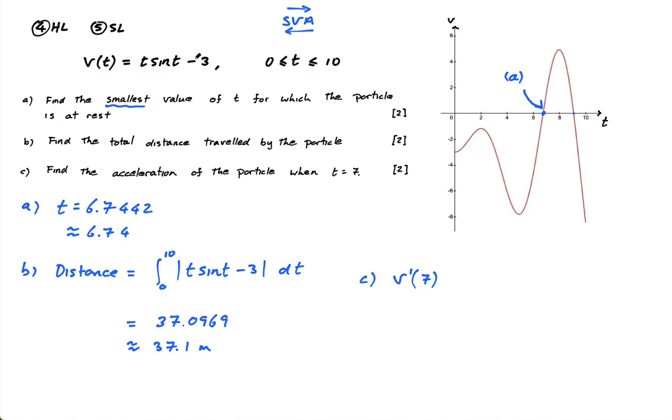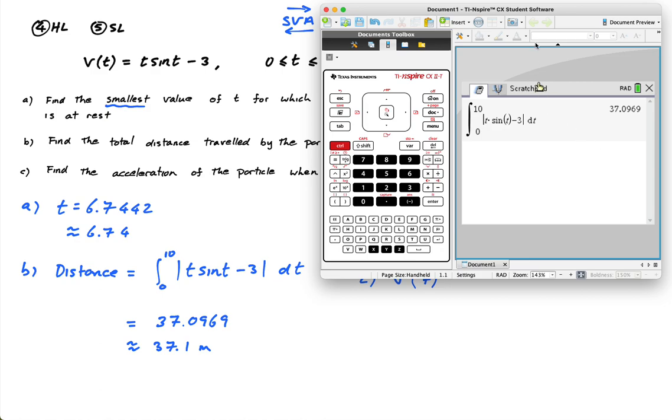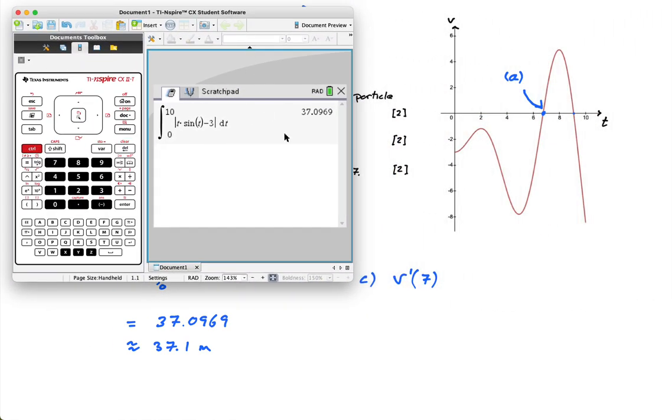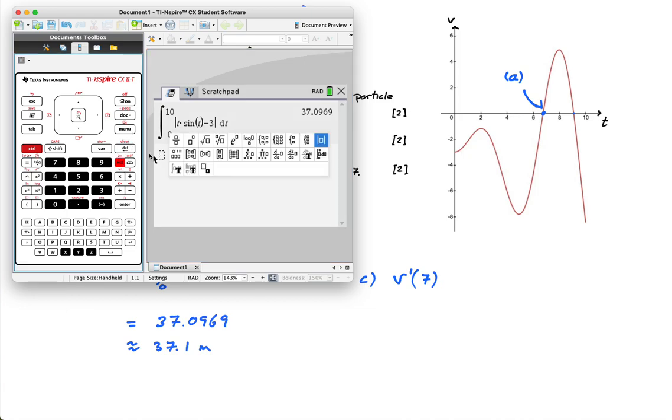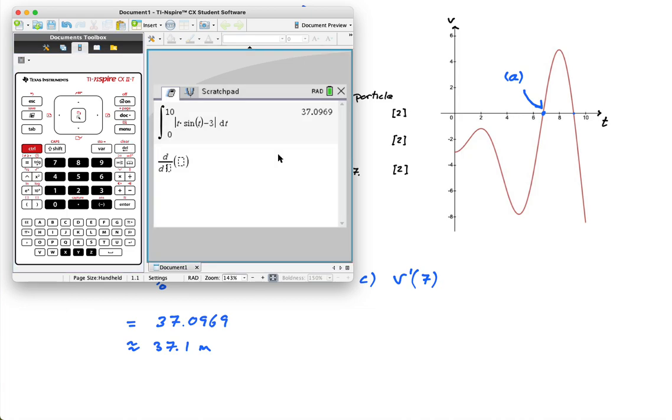Now you could, guys, differentiate this and sub in 7, but remember, it's paper 2. You have a calculator. It's far easier to just literally go. Well, I can go to here and use the derivative. So d/dt, well, again, I can use t. d/dt of t times sine t minus 3. Sorry, guys, I've clicked the wrong thing.